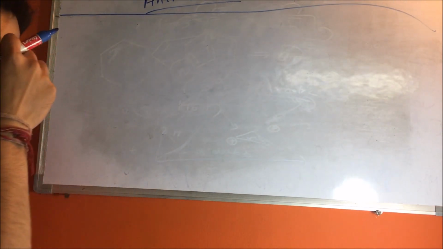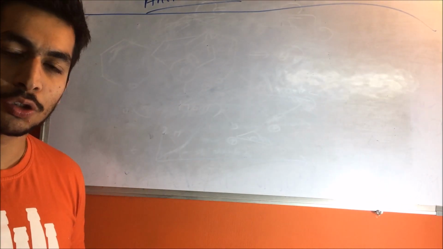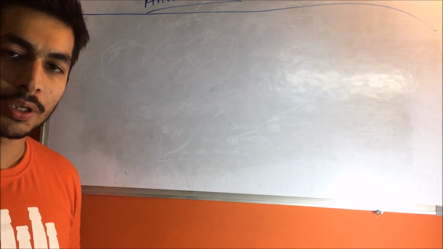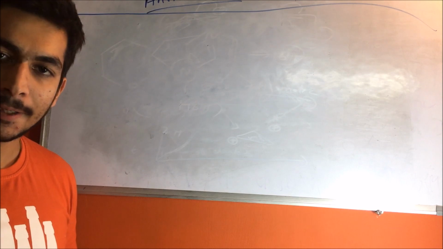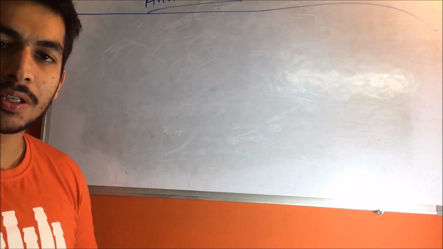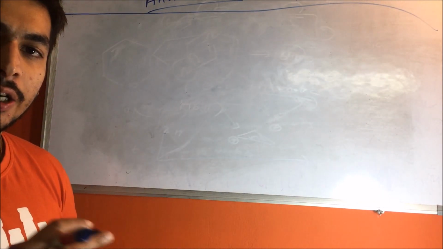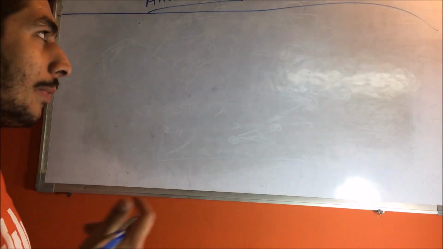So we have anti-aromatic compounds. Now in anti-aromatic compounds, the same thing happens. It has to be conjugated, it has to be cyclic, and it has to be planar. The only exception is, instead of the 4n plus 2 pi rule that I have just discussed, it should follow 4n pi electrons.